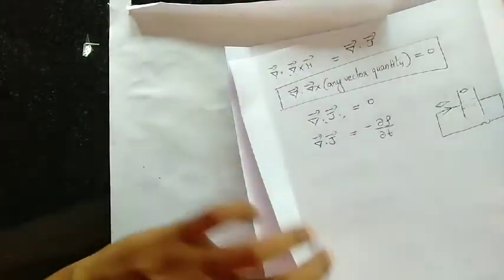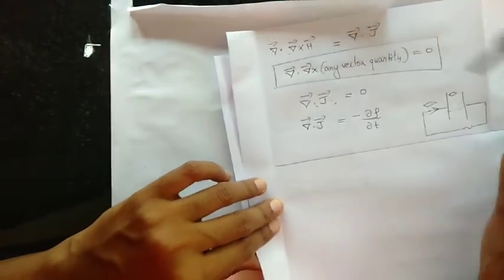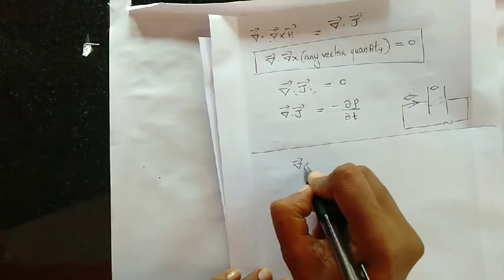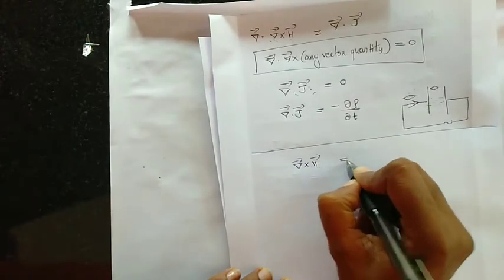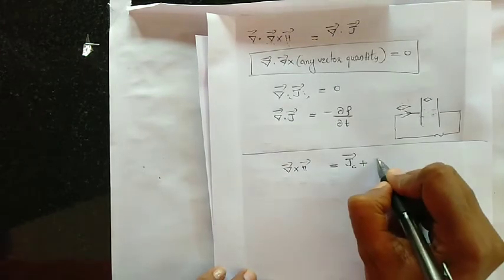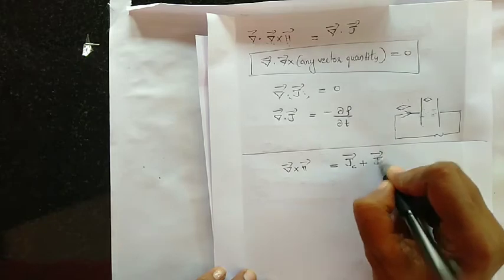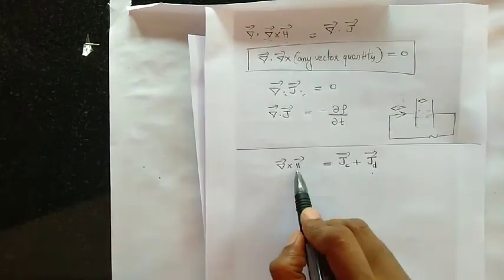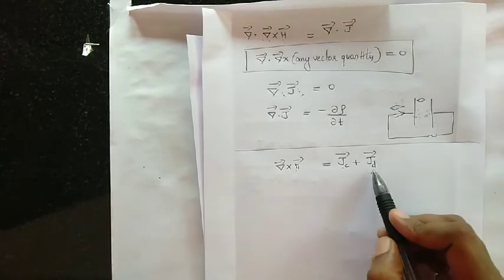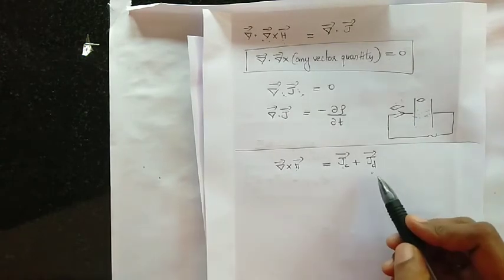Now we are discussing Maxwell's modification. Maxwell modified it as del cross H is not only equal to the conduction current density, it is also the sum of the displacement current density, because a magnetic field can be created not only by conduction current but also by displacement current.